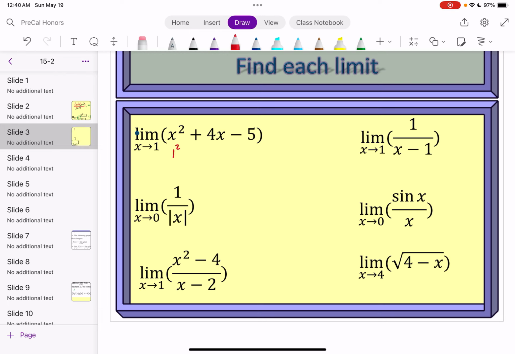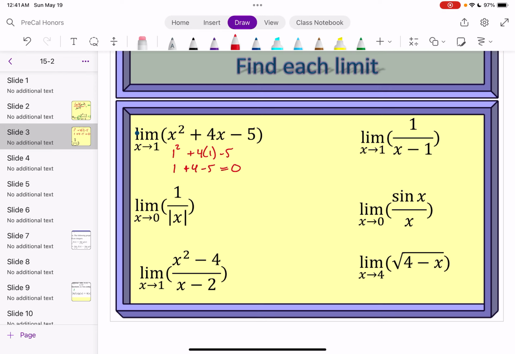Here, 1 squared plus 4 times 1 minus 5. That will leave you with 1 plus 4 minus 5, which will give you a final answer of 0. Now, getting a final answer of 0 is perfectly fine. The number one thing to remember is that you cannot have your denominator equal 0.